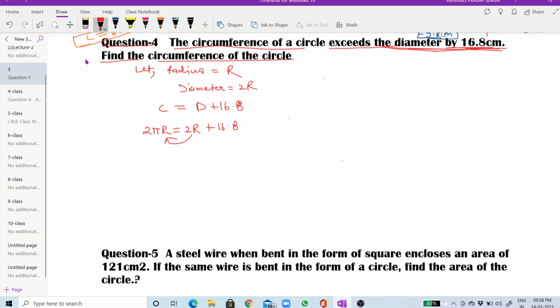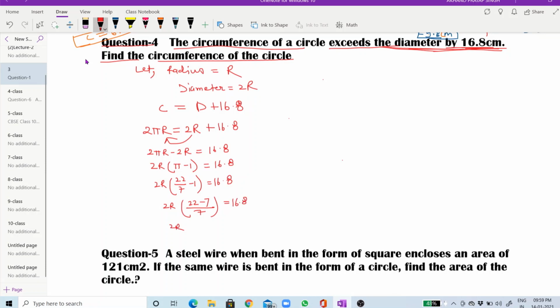Take this value on left hand side, it will become 2 pi r minus 2r equal to 16.8. 2r is common, pi minus 1 equal to 16.8. So 2r, the value of pi is 22 by 7 minus 1 equal to 16.8. 2r, 22 minus 7 upon 7 is equal to 16.8.